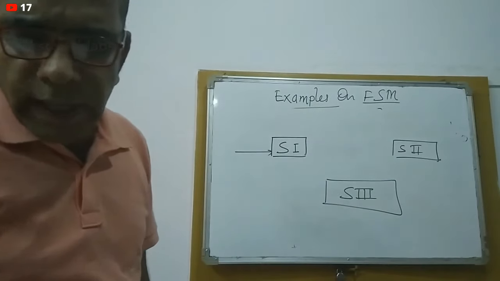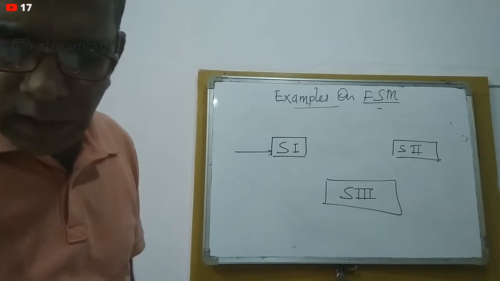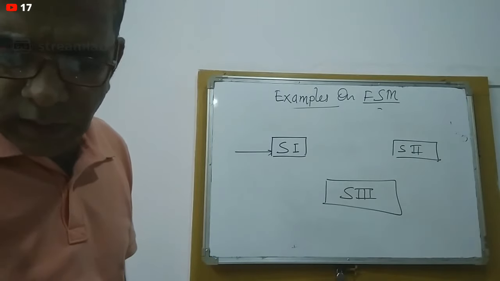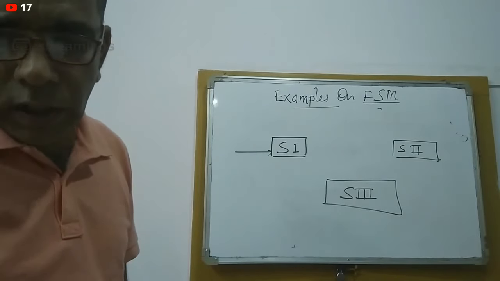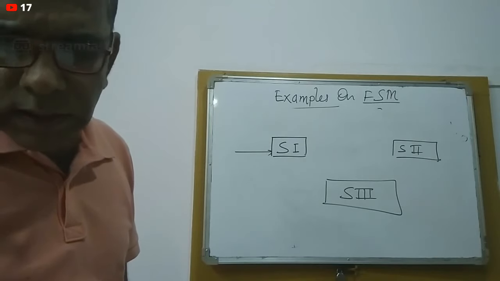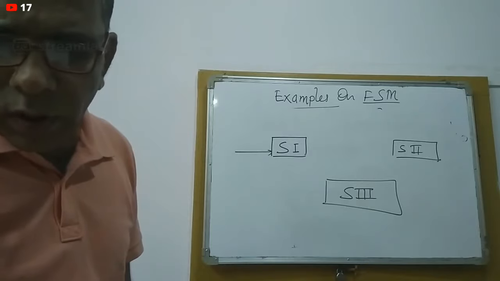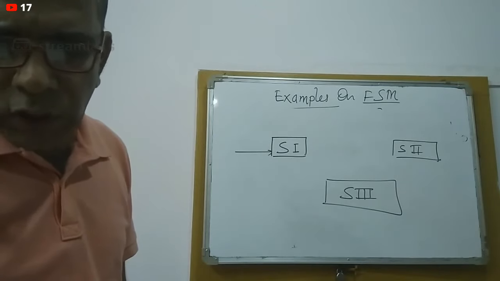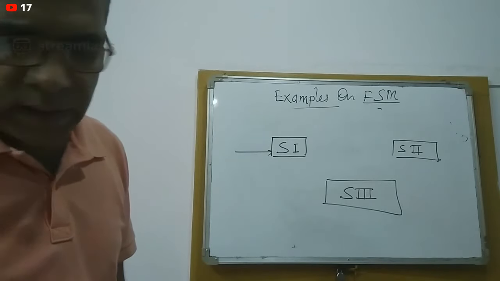What the first part of the problem statement says is, if the machine is in state 1, 2 events can occur. If event 1 occurs, the machine moves to state 2. If event 2 occurs, the machine performs action 1 and 2 and moves to state 3.